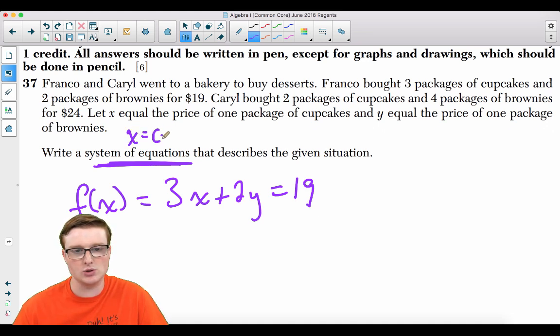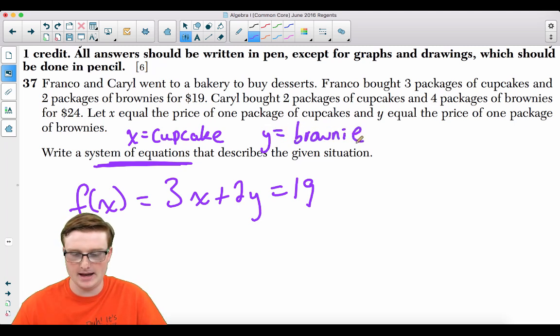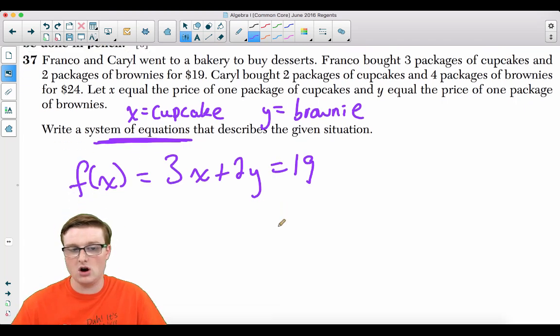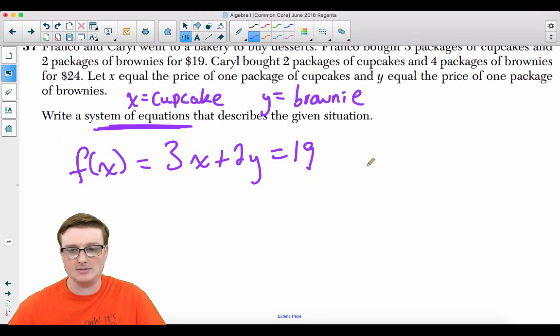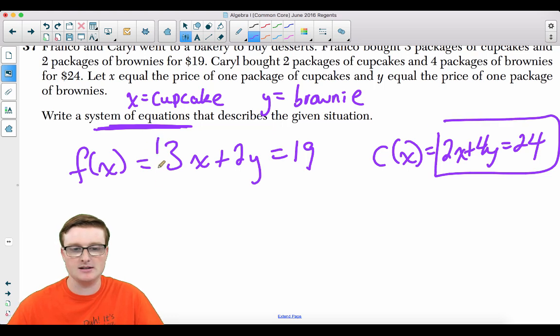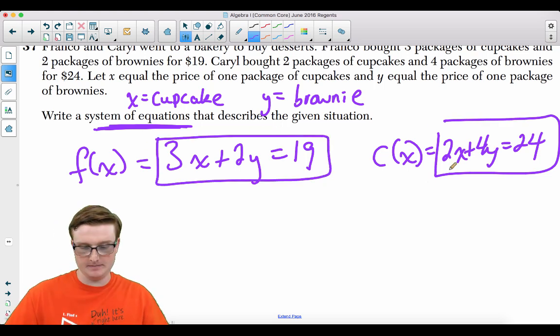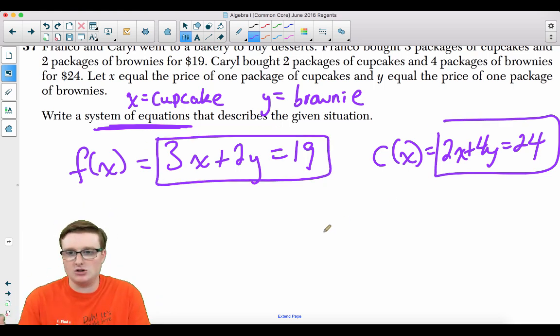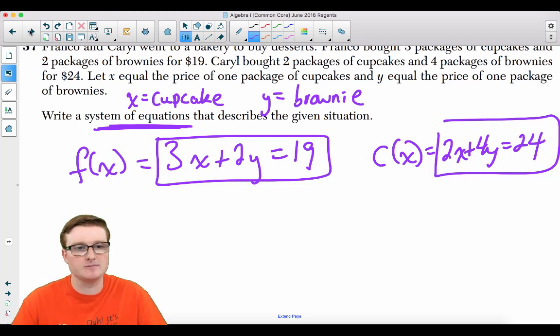X is equal to the cupcake and y is equal to the brownie. Okay? So that's Franco's function, and Carl is going to be C of x is going to be 2x plus 4y is equal to 24. So this, ladies and gentlemen, over here is Carl's function. And that's it. Okay, good. So we got those 2 equations.